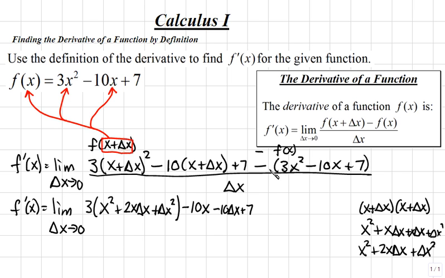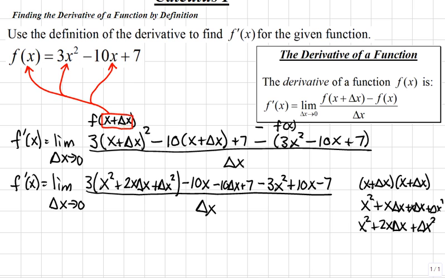Next, since we're subtracting the function 3x squared minus 10x plus 7, we'll distribute the minus sign to eliminate these parentheses. So we'll distribute to become minus 3x squared plus 10x minus 7. This entire expression, again, is all over delta x.